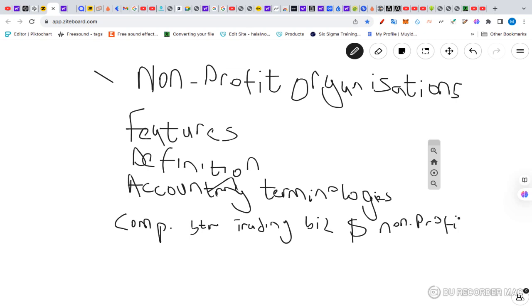So, in our next video, we're going to be treating some accounting transactions and preparing the two types of accounts, or three types of accounts, that is the receipt and payment account, the income and expenditure account, and also we will try as much as possible to make in the next video the statement of affairs for non-profit making organization, where we're going to be determining the accumulated fund for that particular accounting period.